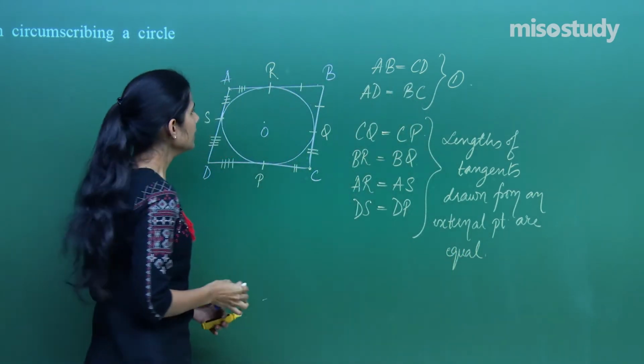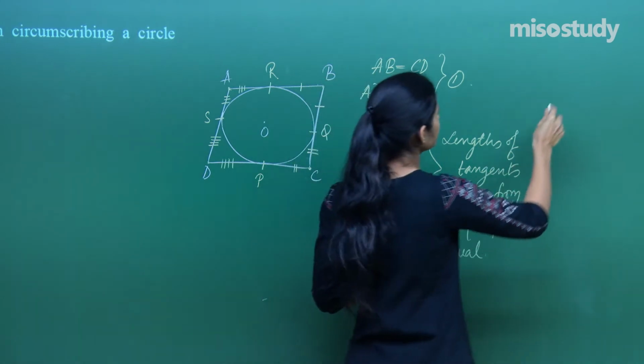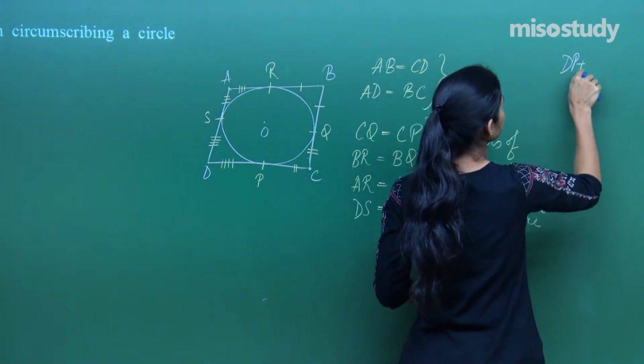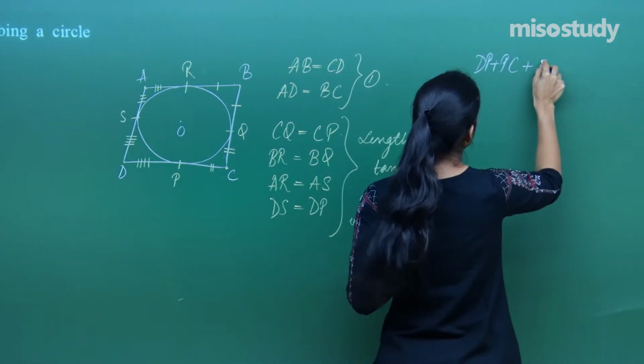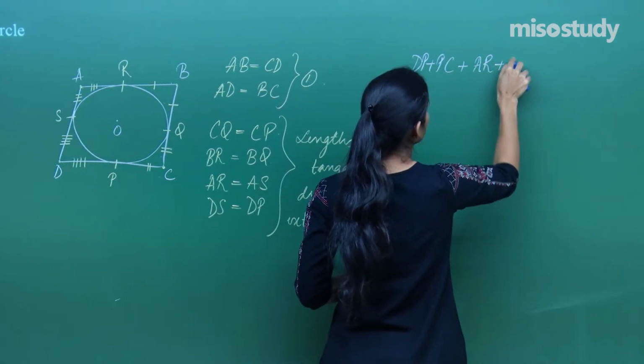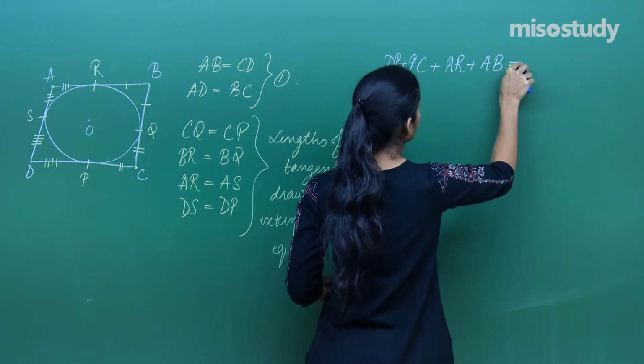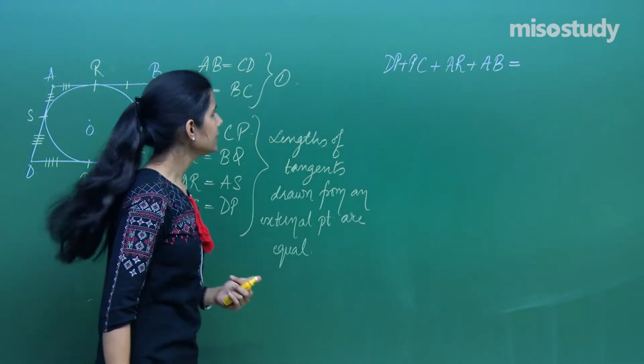So therefore, now if I consider DP plus PC plus AR plus RB, what are you getting?